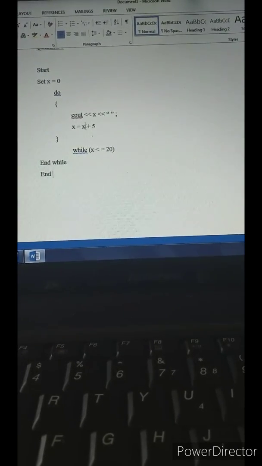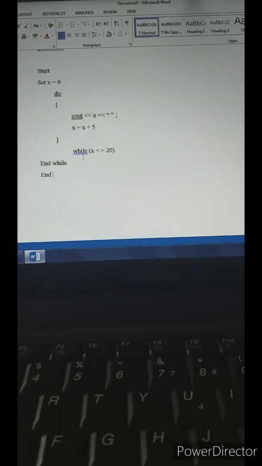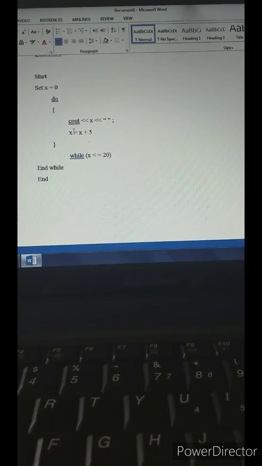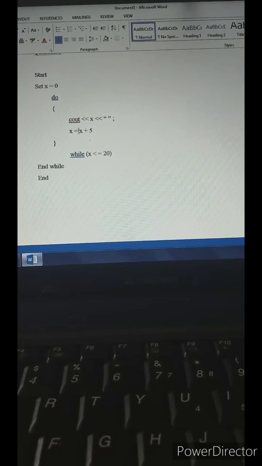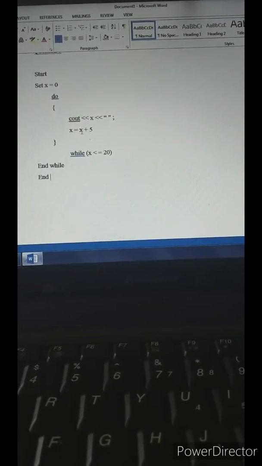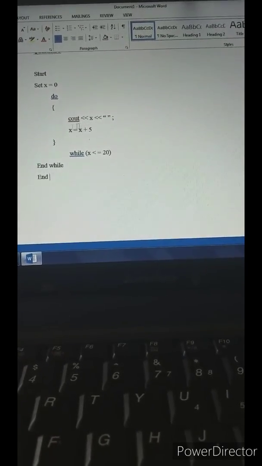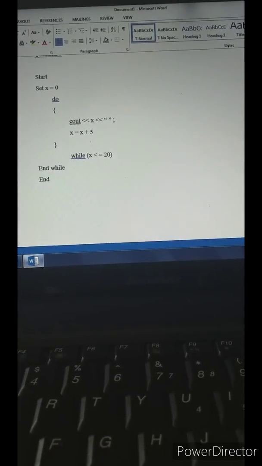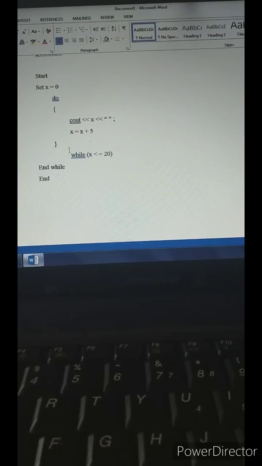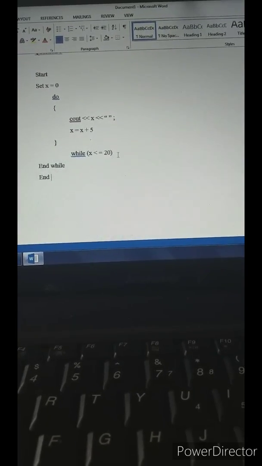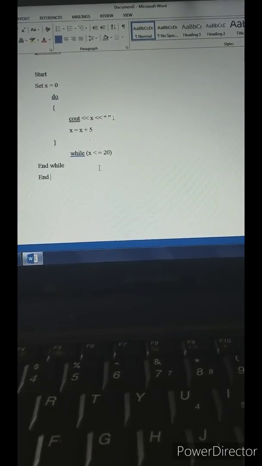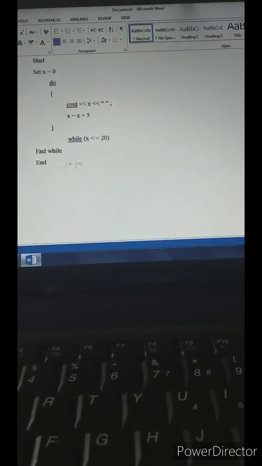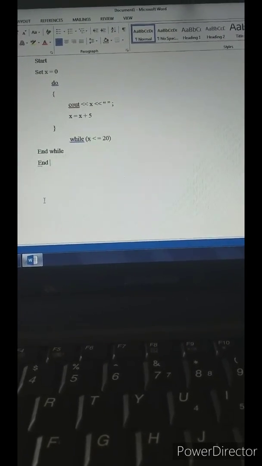This equation is related to this, which means while x is lower than or equal to 20, then only it will be perfect. If the x is, for example, more than 21, the program will not run, because here it is fixed as lower than or equal to 20, then end while, and then end.